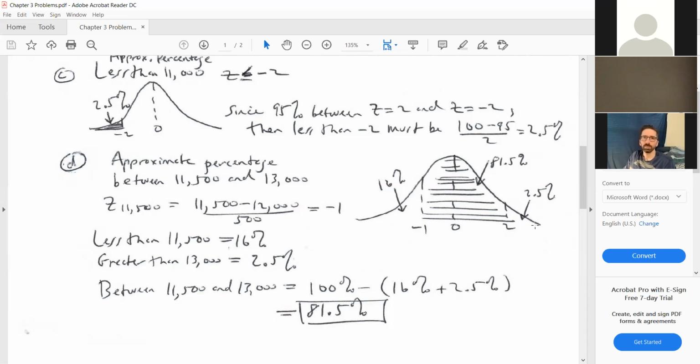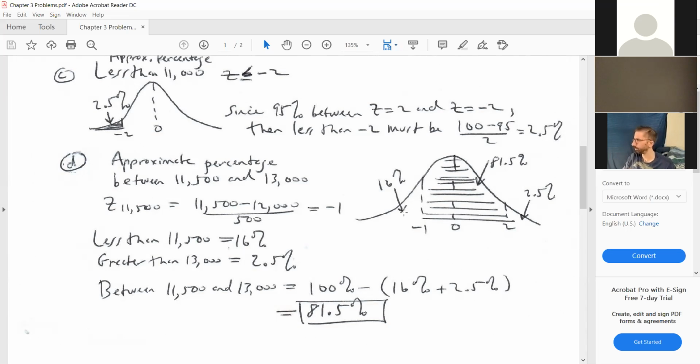So if you look at this curve here, what I'm asking for, what the book's asking for, is what area is under the curve between -1 and 2, because 13,000, remember, was z equal to 2. We did that earlier. Well, we know between -1 and 1 is 68%, so to the left of -1 must be 16%. Between -2 and 2 is 95%. To the right of 2 is 2.5%. This is, to me, the simplest way of doing this.